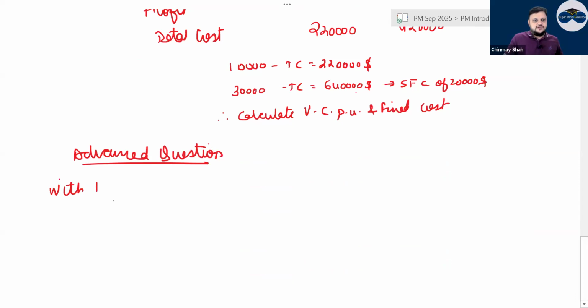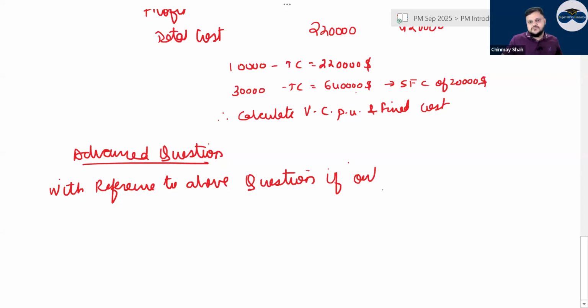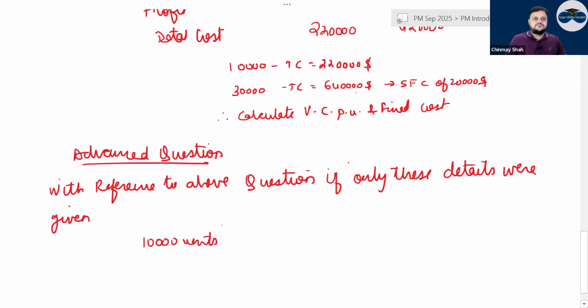With reference to above question, if only these details were given. 10,000 units to 20,000 total cost. Correct?